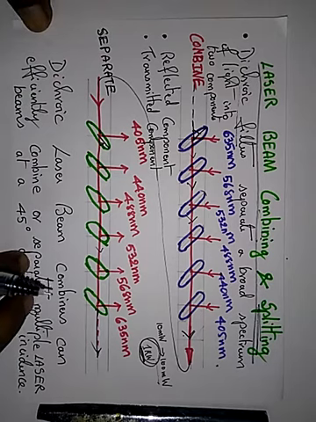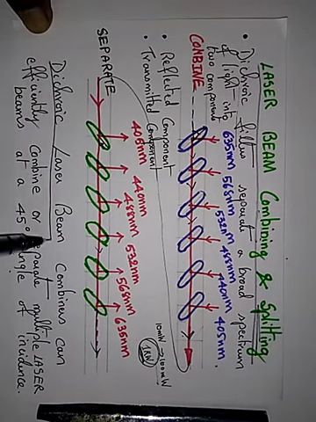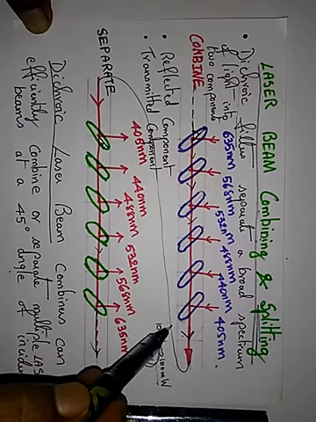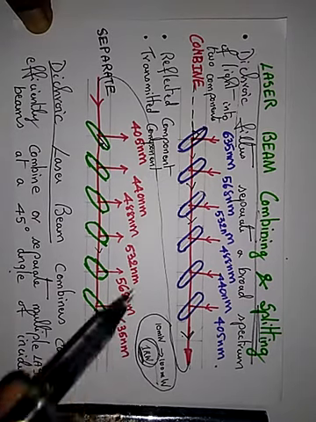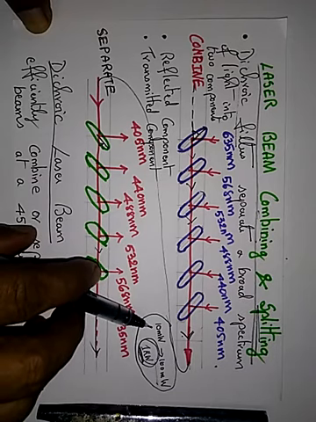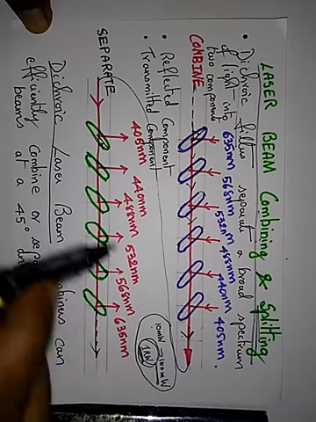The important point to remember is that a dichroic mirror can efficiently combine or separate multiple laser beams at an angle of 45 degree incidence. My design consideration is this: suppose you have a 10 milliwatt laser diode and you are expecting 100 milliwatt.